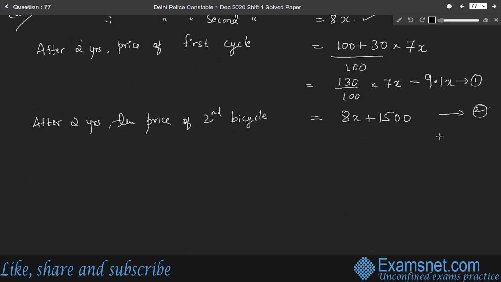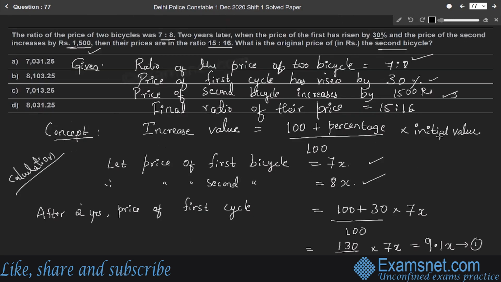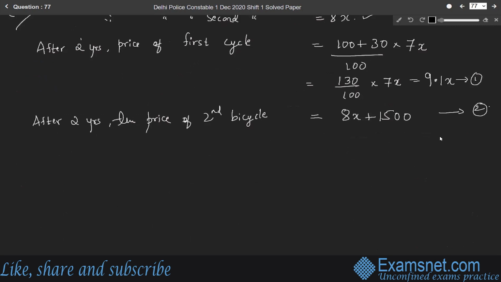Consider this as equation 2. According to the question, their final values are in the ratio 15 is to 16, so the ratio of their final prices is 15 is to 16.